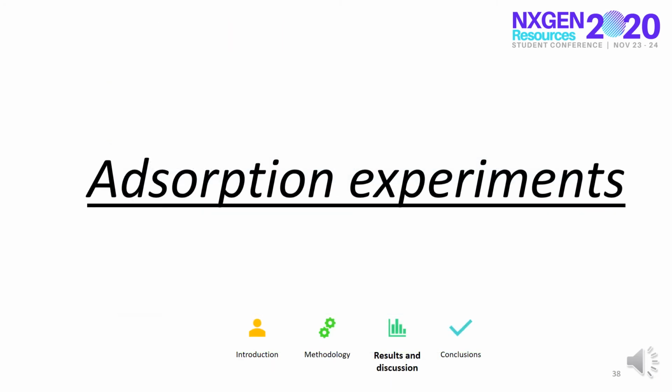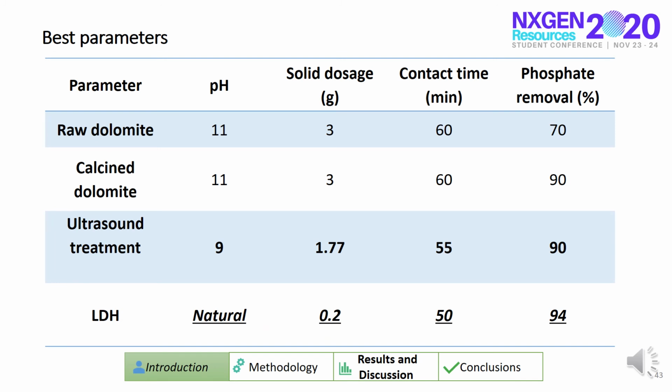The following results show the adsorption capacity of the solids for phosphate removal. The table shows the best parameters obtained for each solid. The adsorption results showed 70 and 90% of phosphate removal on raw and calcined dolomite, respectively, under the experimental conditions of pH 11, 3 grams of solid dosage, and 60 minutes of contact time.